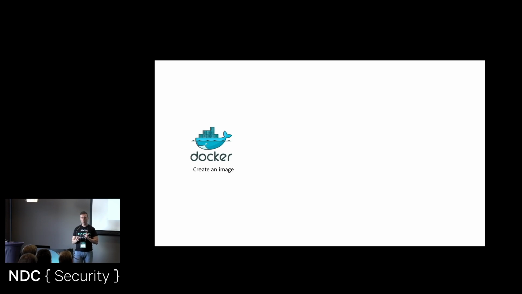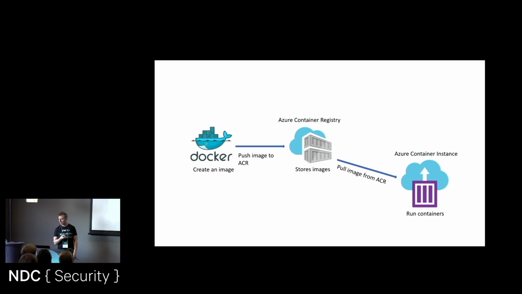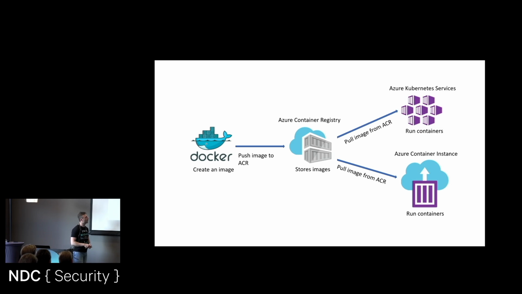First of all, before we deploy a container, we need to create an image. After that, we push this image to the container registry in Azure, which is called ACR. It will be stored there. Then, when we want to deploy a container, we deploy it somewhere: on Container Instances, Container Apps, which is a newer service, or Kubernetes. More often, we use Kubernetes.